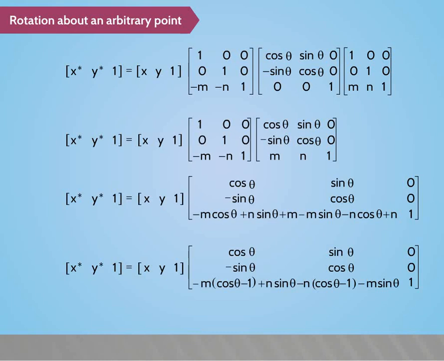Simplifying, the last row becomes [minus M(cos theta minus 1) plus N sin theta, minus N(cos theta minus 1) minus M sin theta, 1].